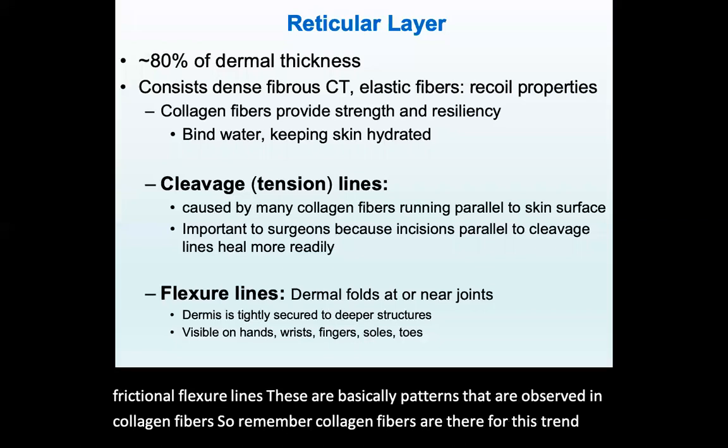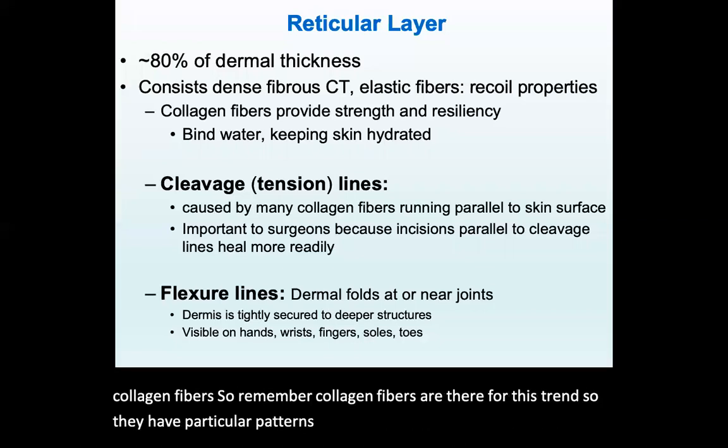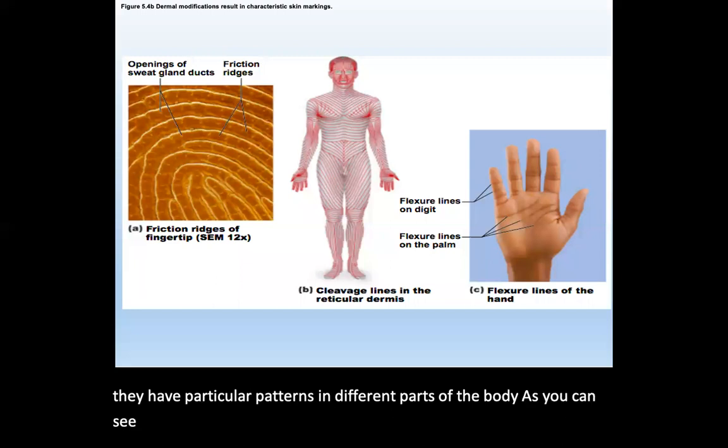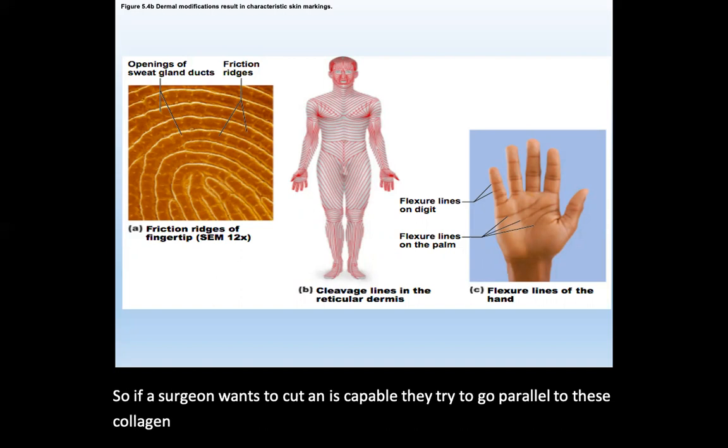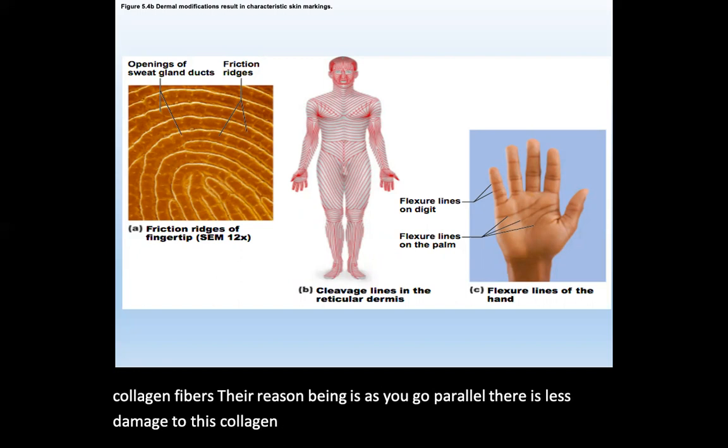They have particular patterns in different parts of the body, as you can see in this picture. If a surgeon wants to cut and is capable, they try to go parallel to these collagen fibers. The reason is that as you go parallel, there is less damage to these collagen fibers, which means the body has an easier time healing.